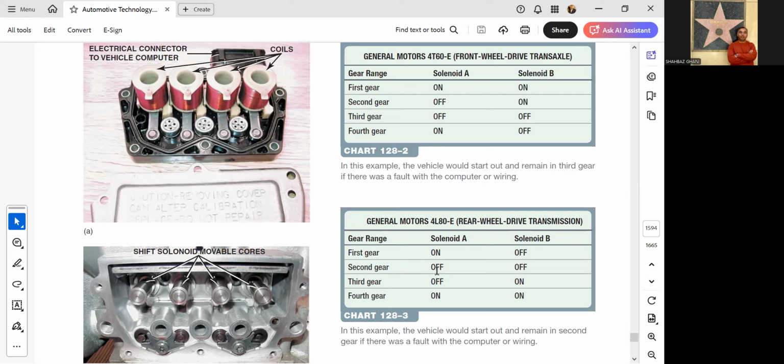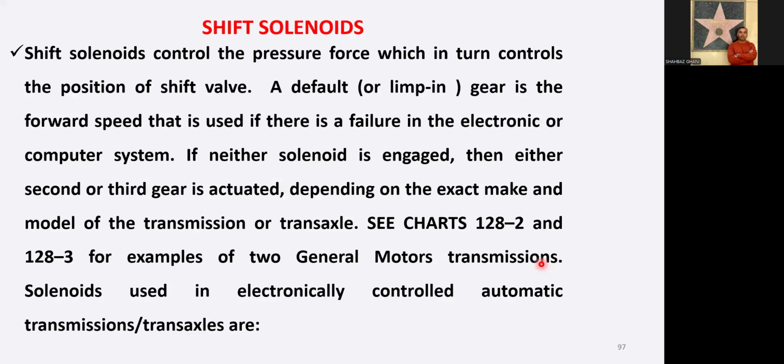In second gear, solenoid A is off, solenoid B is off. In third gear, solenoid A is off, solenoid B is on. In fourth gear, both are on. In this example, the vehicle would start out and remain in second gear if there is a fault with the computer or wiring.